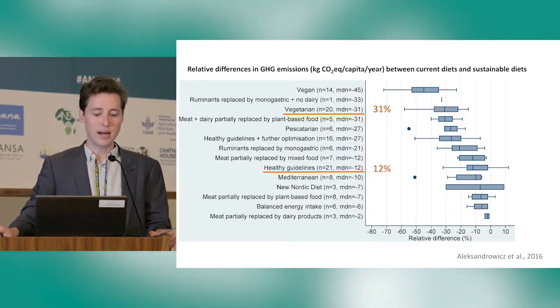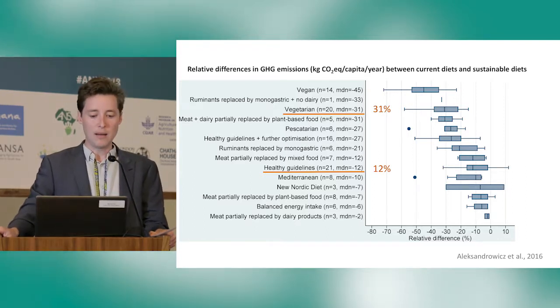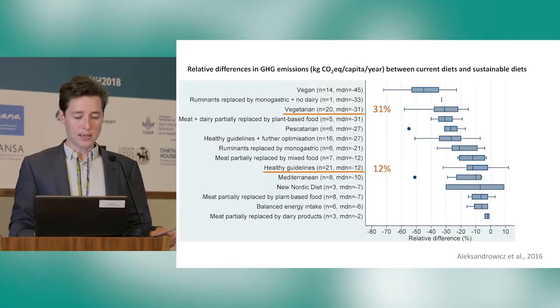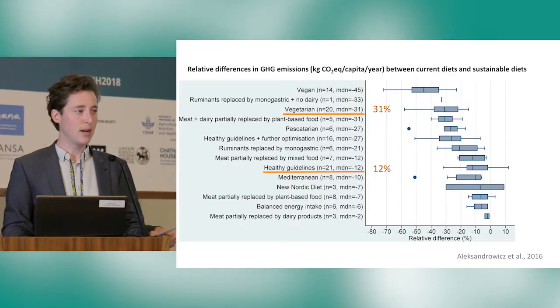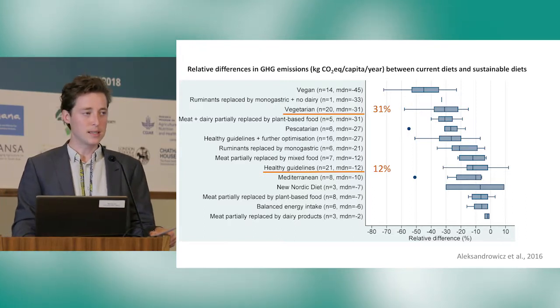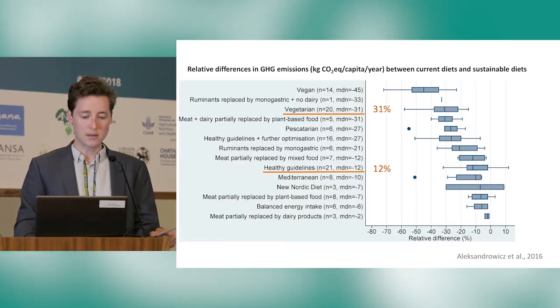So, for example, vegetarian diet. If everyone in these 20 studies changed their diets from existing patterns to a vegetarian pattern, on average we'd see a 31% reduction in greenhouse gas emissions. It's a pretty consistent decline across different study types and so on.